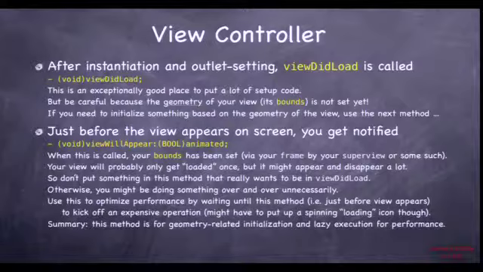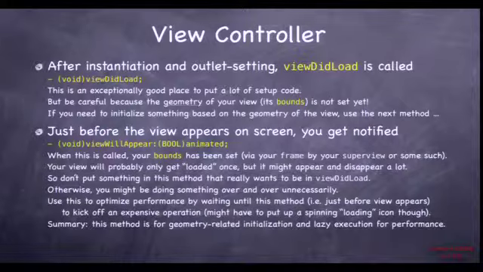Another great thing you can do in viewWillAppear is lazily do stuff. So remember we did lazy instantiation? That means we didn't instantiate the calculator brain or whatever until we actually needed it. We can do other lazy things here, where if this view never appears on screen because the user never clicks this button, or this segue never happens, or whatever, then we're not going to waste our time doing something that's never going to matter.